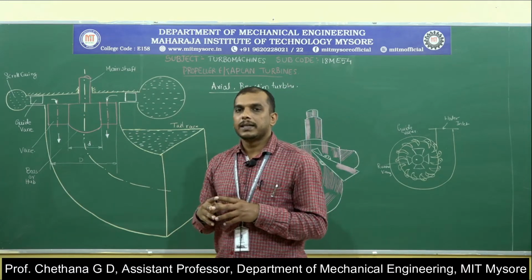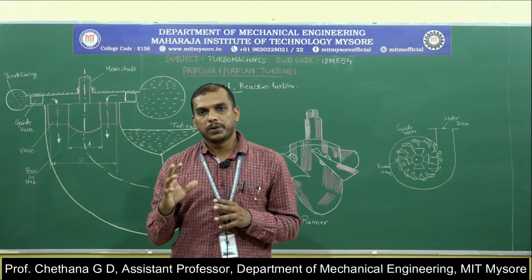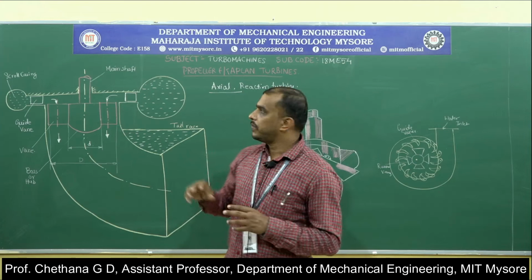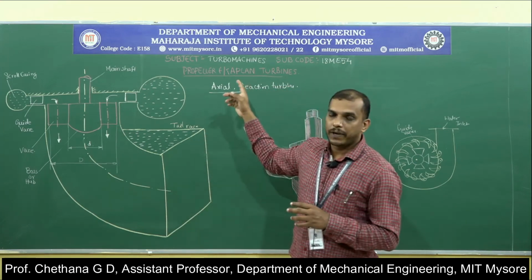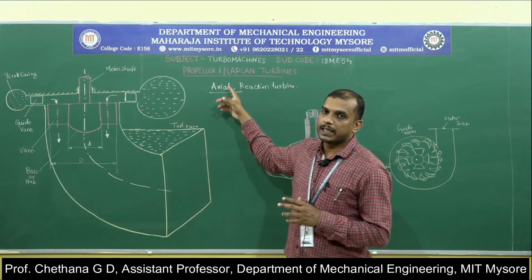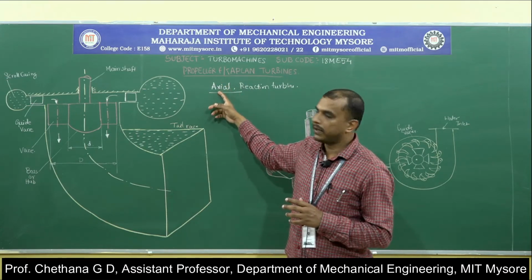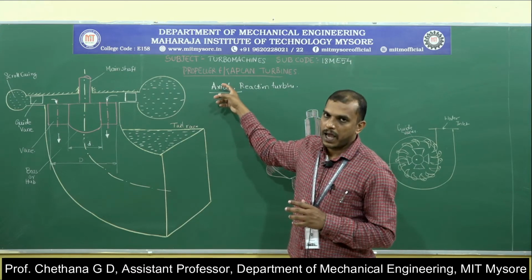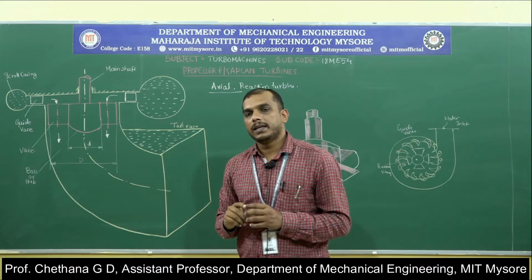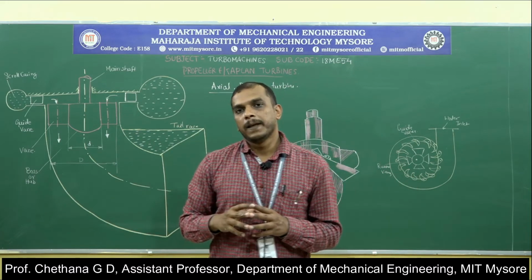After all, this is also a reaction turbine, that means due to the change in pressure you have the energy. Now how is it different from a Francis turbine? In this case the entry of water to the turbine is in the axial direction as well as the exit. That means this is a pure axial machine.